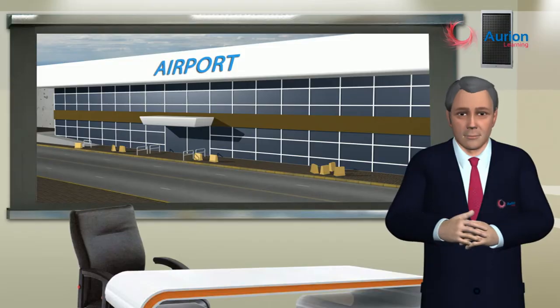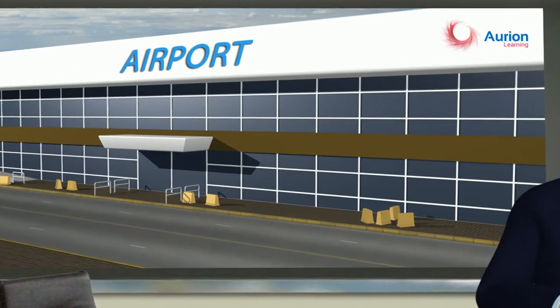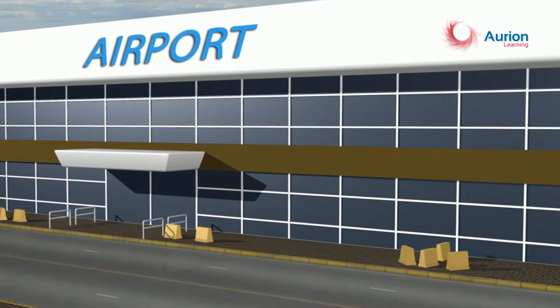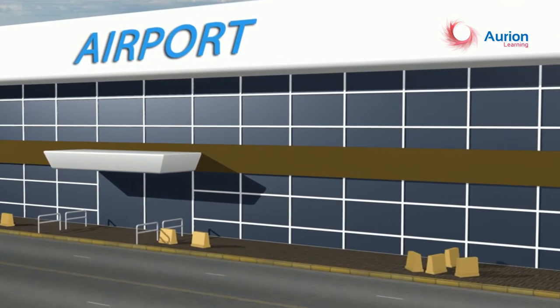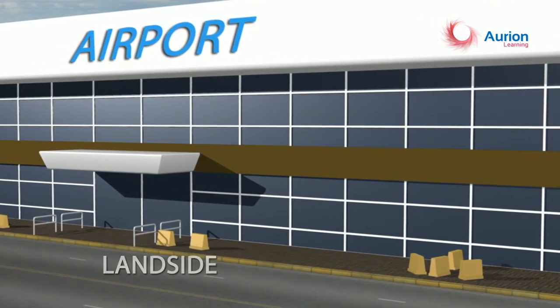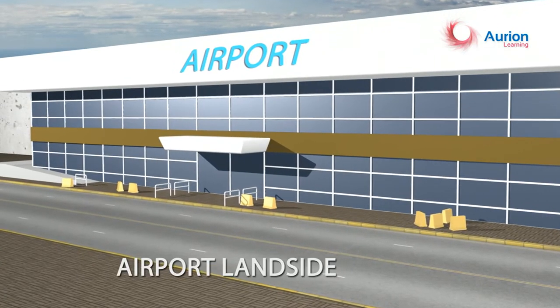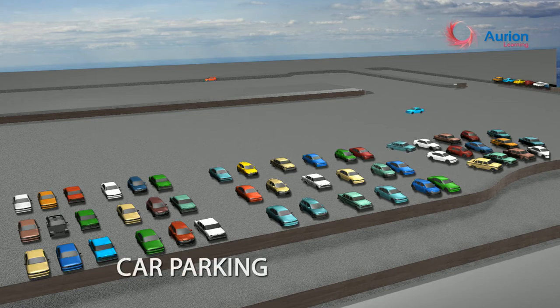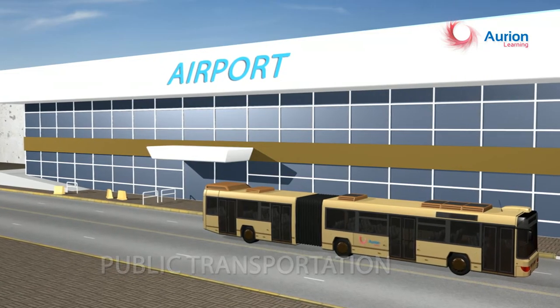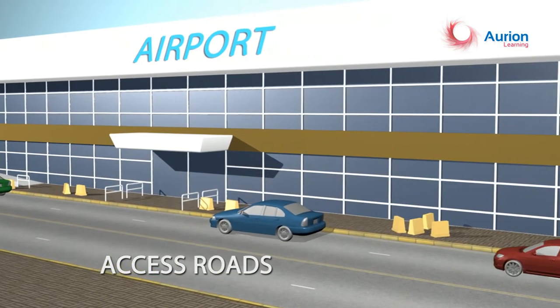It is most important that we understand the airport environment. An airport is divided into 3 parts: landside, terminal, airside. Landside areas include parking lots, public transportation and access roads.